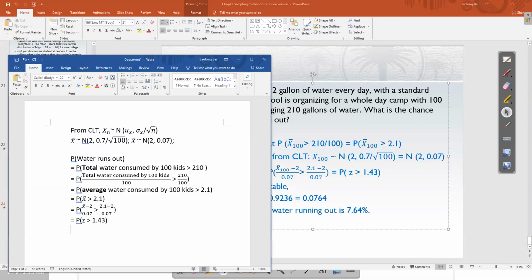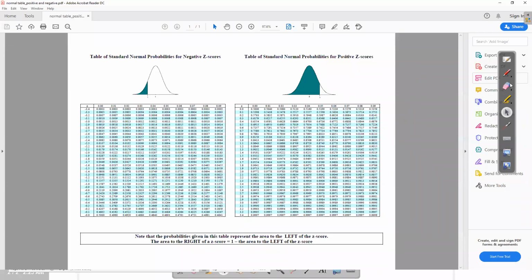So then this is a z event. We should be able to find its probability using the z table, but watch out for the sign, right? So we need to convert it to a smaller-than sign before we go to the z table. So then we look it up. 1.43, if you go on the z table, 1.43.